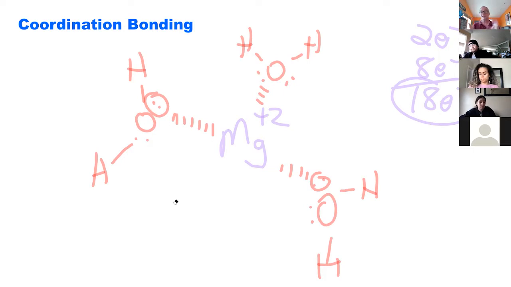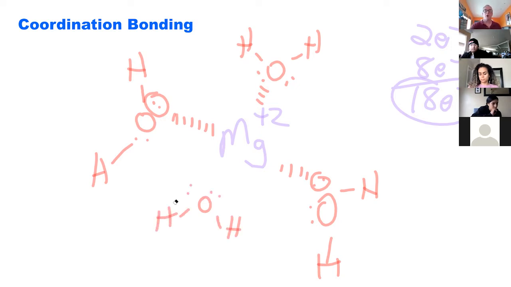And so because each metal has a different shape for these things to interact, we'll see different amounts of hydration. We'll see 1 water, 2, all the way up to 10. I think even some have as many as 12 water molecules. And it's not always water. Sometimes it's ammonia, sometimes it's other molecules. In this instance, we're talking about water.